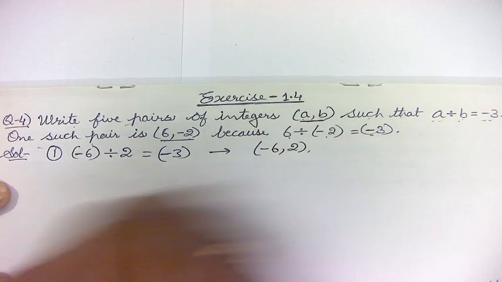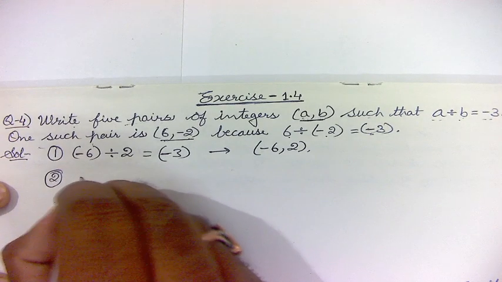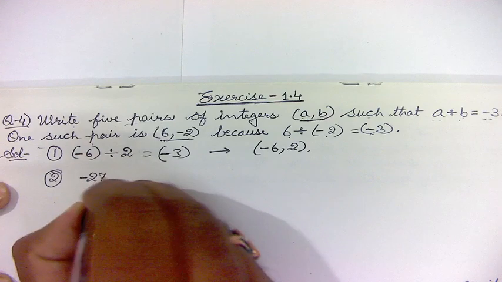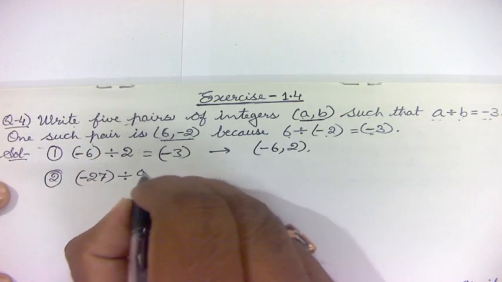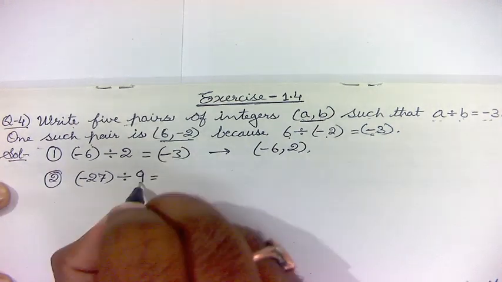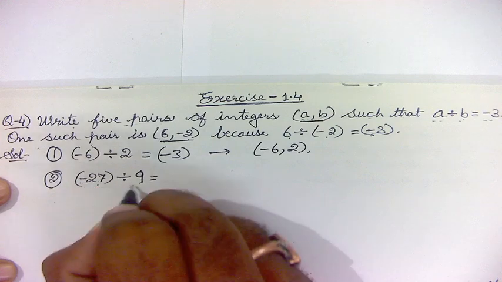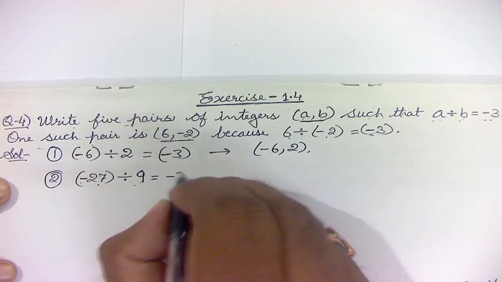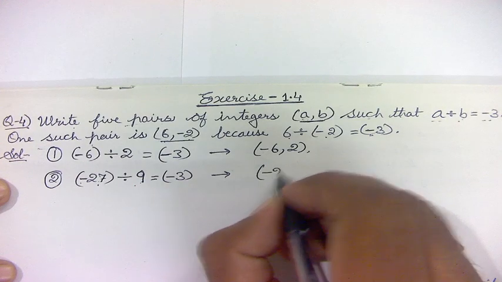Minus 6 and 2. You can also take, say, minus 27 divided by 9. 9 times 3 is 27, so you get 3, and 1 is negative, 1 is positive, so your quotient will be minus 3. So what does the second pair become?